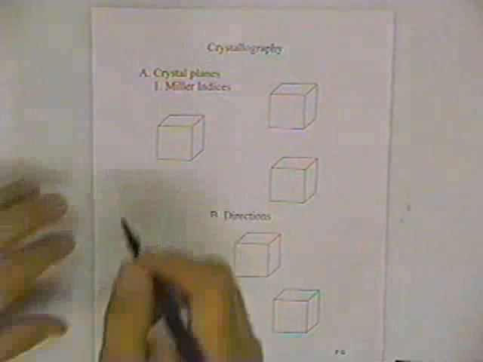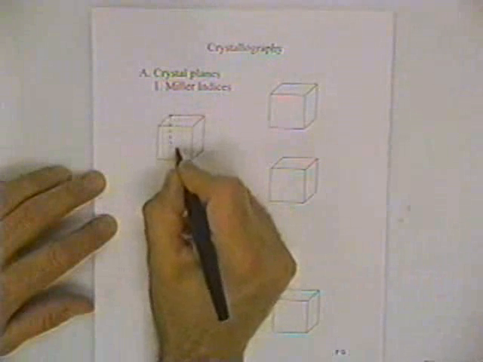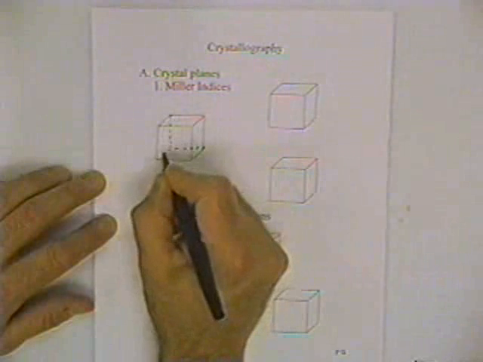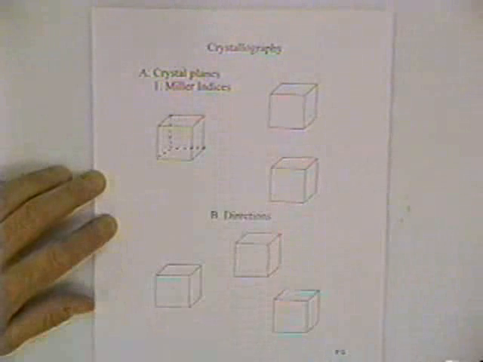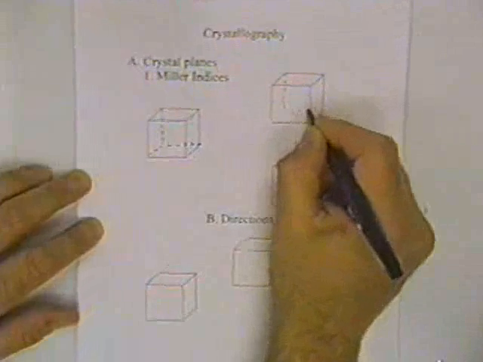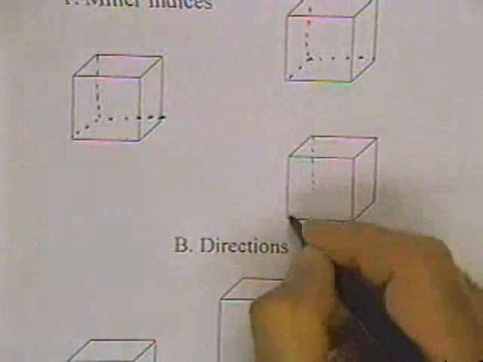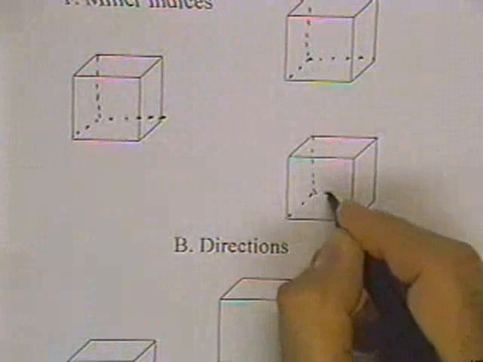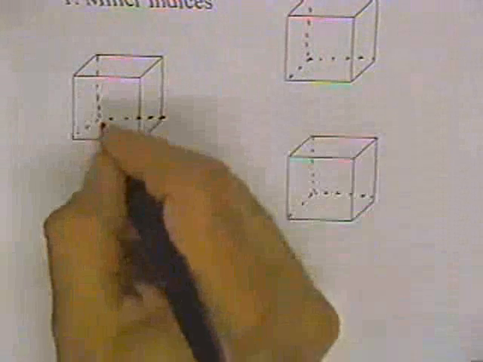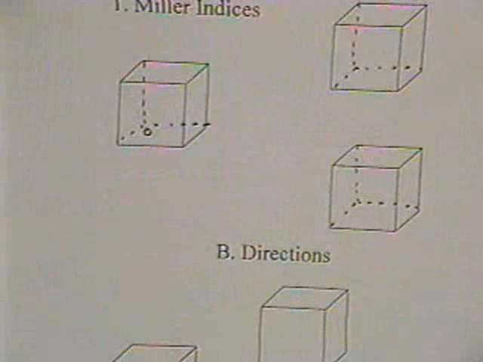Now, with the little units that I have here, we'll put the origin at the back. Maybe we can blow this up a little bit, make it a little easier to see. And there's nothing magical about where you set the origin. What you want to do is just make it easy on yourself.